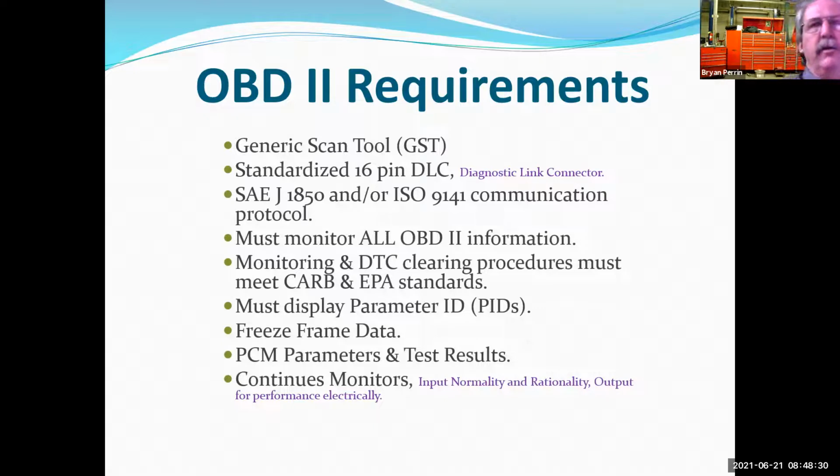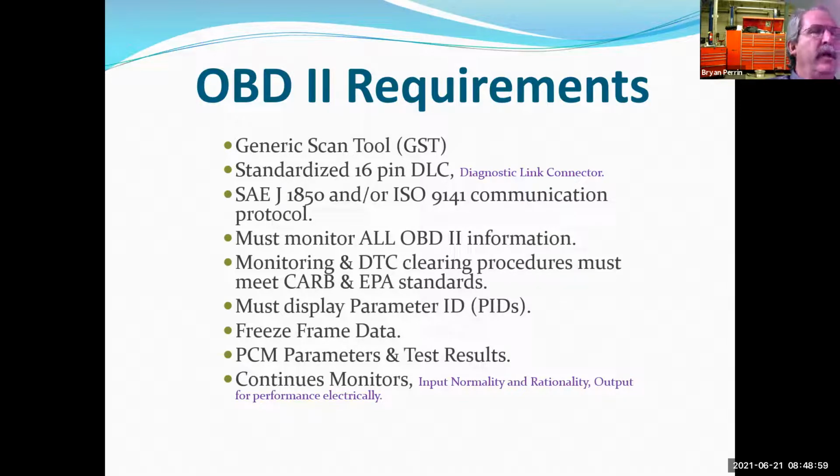On the other hand, I've had a car that's been turned off for 12 hours and it's 60 degrees outside. And my engine coolant temperature says it's 100 and my air temperature says it's 50. That's not rational. This car hasn't been started in 12 hours. They should be much closer to each other.